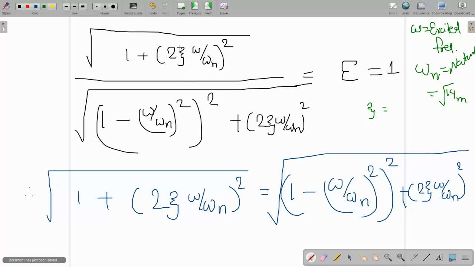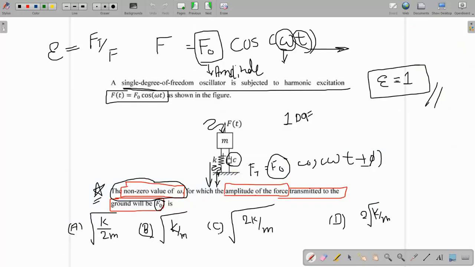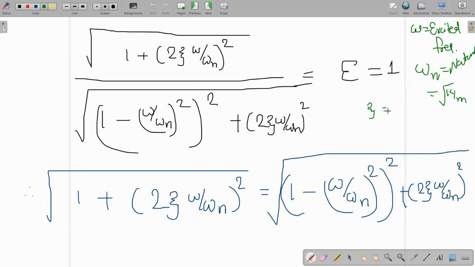And here we cannot take it as 1 or 0, because in the question it is not mentioned that the system is critically damped or under damped or over damped, so you have to take the value as zeta. Small e for transmissibility, and this is epsilon or zeta, whatever you say, it doesn't matter.